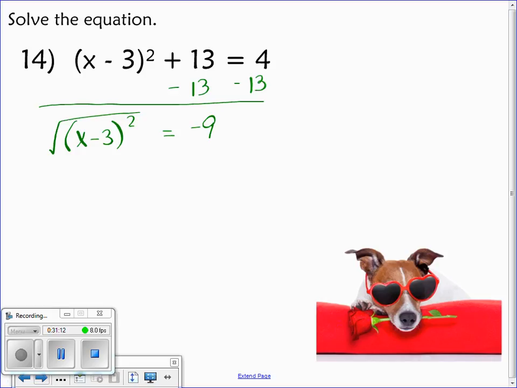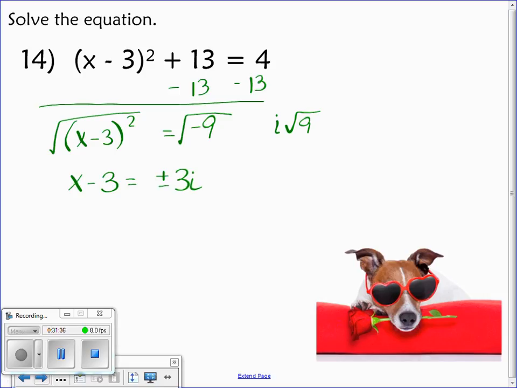So now we can take the square root. Square root of x minus 3 squared. Square root of negative 9. 3i. Some of you, if you're step by step, you would pull out that i, and then the square root of 9 is 3. What goes on here?